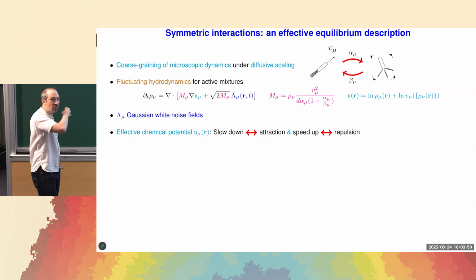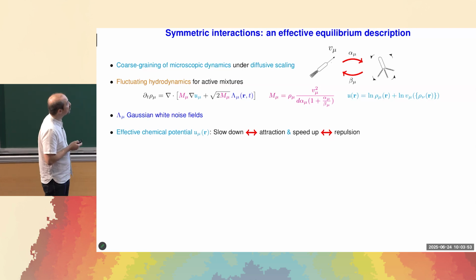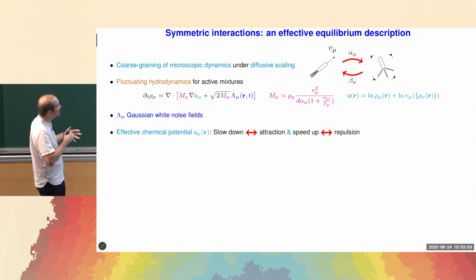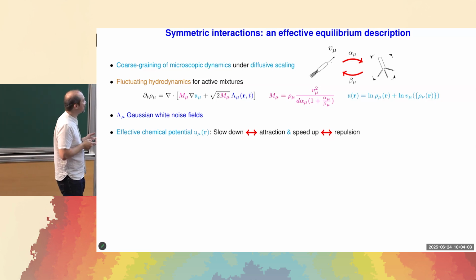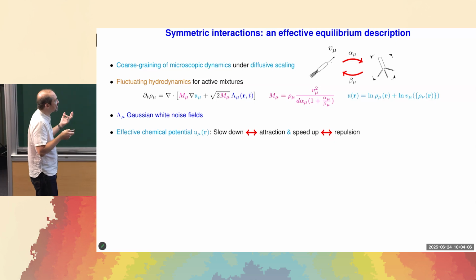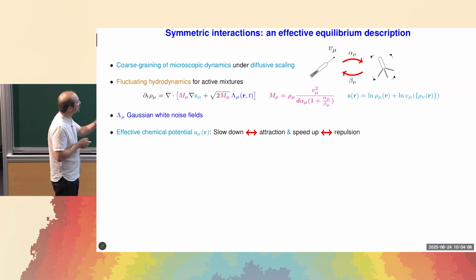You know that you get flow from high chemical potential to low chemical potential. So this tells you that a slowdown corresponds to attraction, while a speed up corresponds to repulsion. So you have a way of reading these quorum sensing interactions almost like effective forces, which will be useful to understand how we get the patterns afterwards.